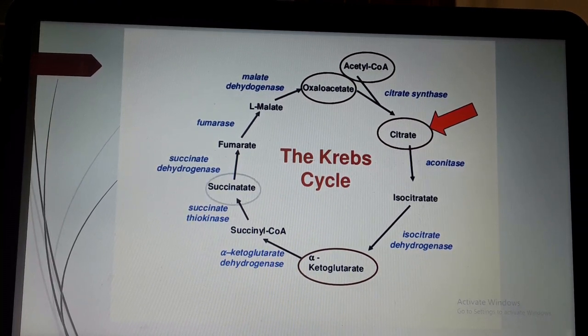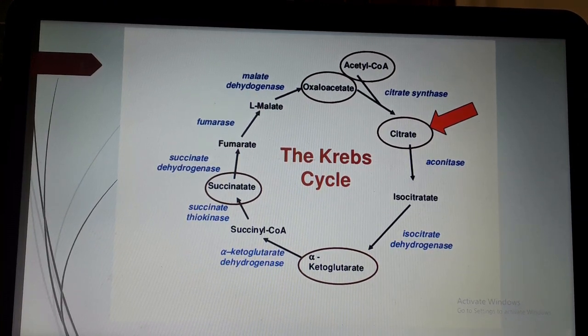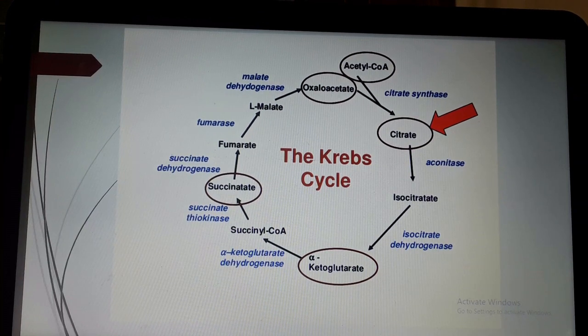Now it will change to 4-carbon succinate. Again CO2 is released. In this way the Krebs cycle performs in a cyclical way, with various components which are important to complete the aerobic respiratory pathway.